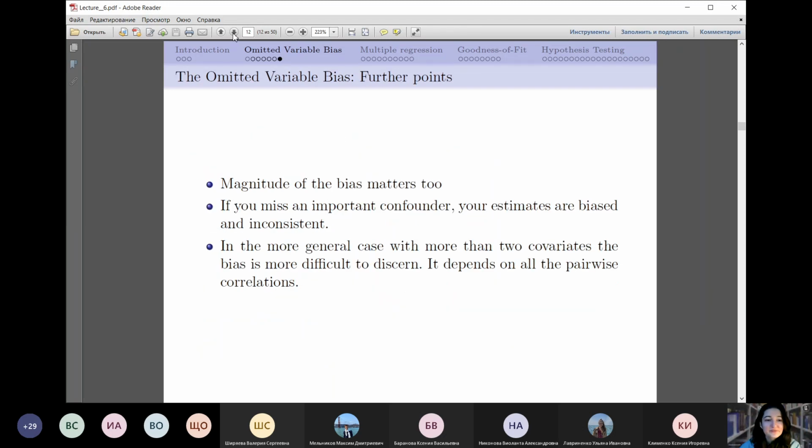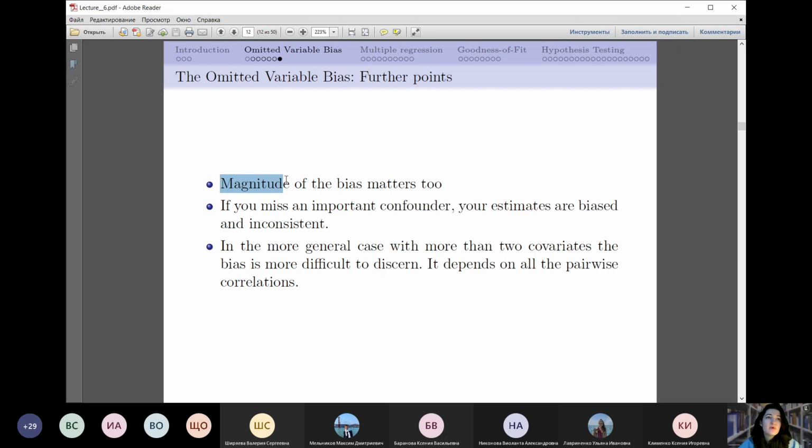this point. So the second thing about the omitted variable bias that is really very important is that you should also think about the size of this bias. The magnitude or the size of this bias matters too.